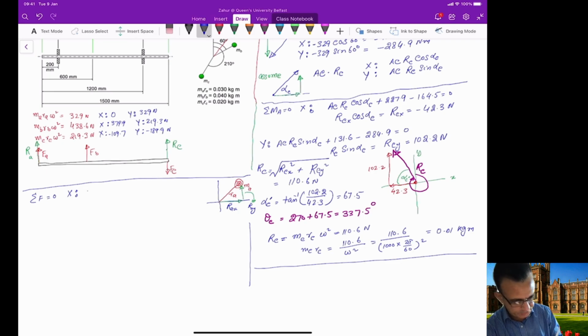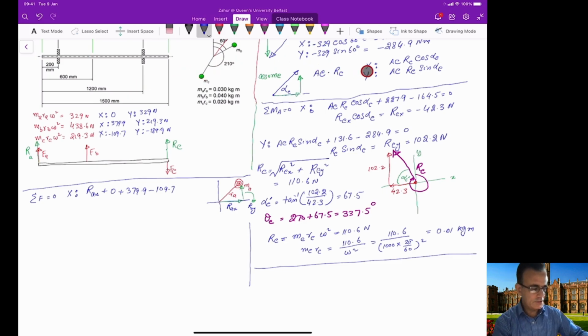So if you start with this RAX, this is the first force in the x direction, and now in addition to this, you have this force and this one and this one. So you have these forces here in the x direction: 0, and then the component of FB, which is 379.9, and then the component of FC, which is minus 109.7.